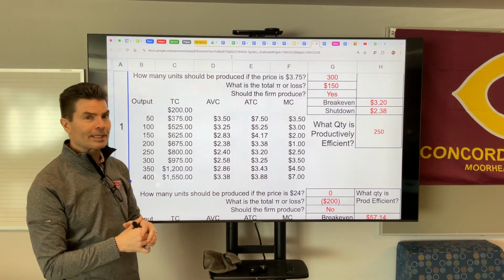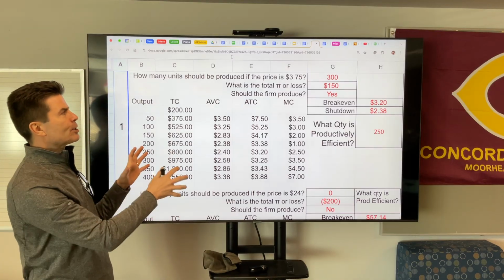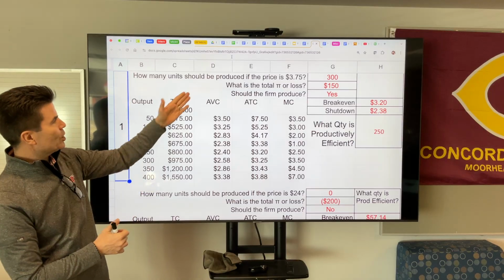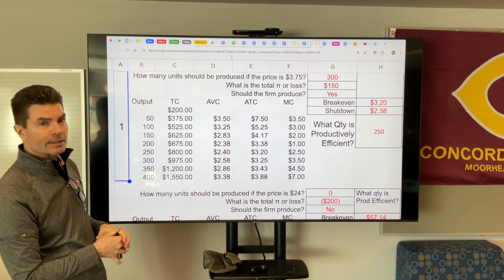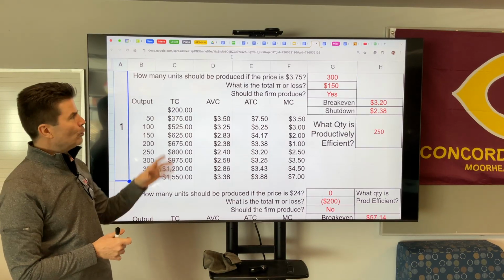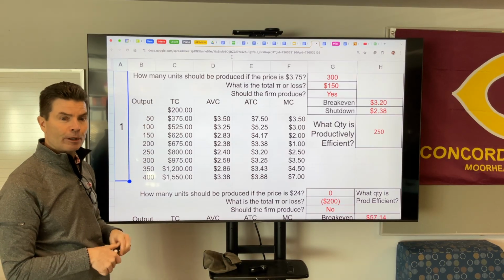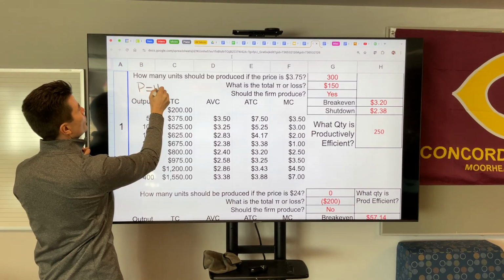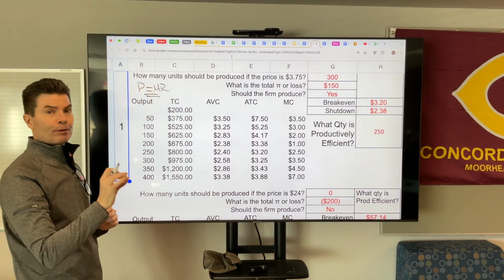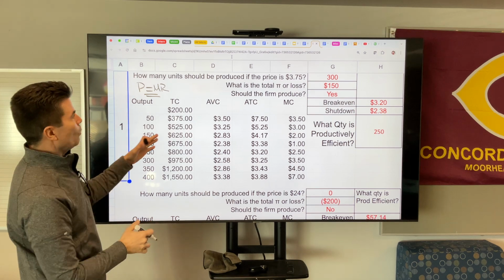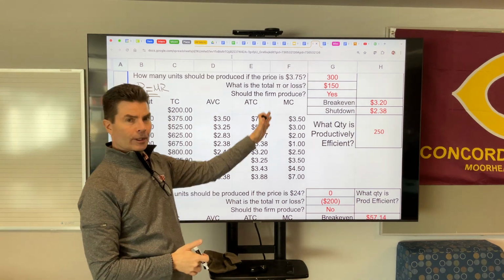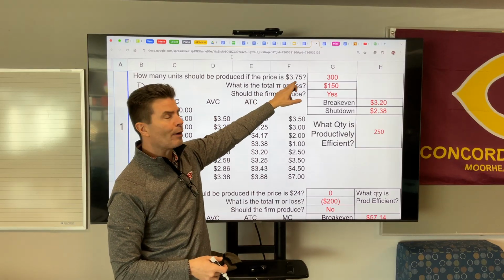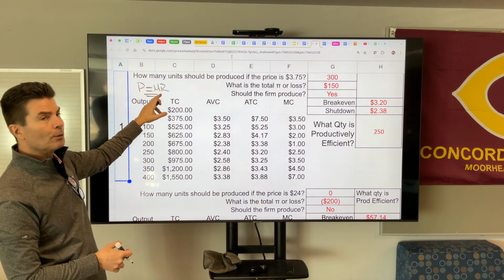So this is perfect competition, and all of this information assumes we have a perfectly competitive firm, even though it doesn't state it. How many units should be produced if the price is $3.75? A few different assumptions you have to make. If you know the price is $3.75, this being perfect competition, remember that in perfect competition the price is equal to MR, because it's a perfectly elastic line. We do not have an MR column here, so you have to do the transferable learning to know that if the price is $3.75, the marginal revenue is $3.75.